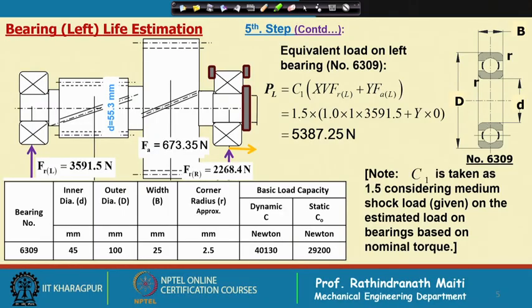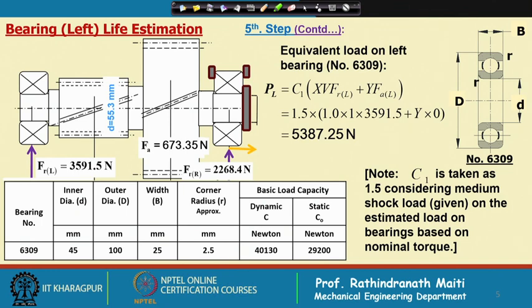So, for safe design of gears, we have considered a multiplication factor, or we can say factor of safety also there. With the torque we have multiplied with 2. In this case, we have not multiplied the forces with any factor, because in the bearing calculation we are considering this factor in the form of C1.